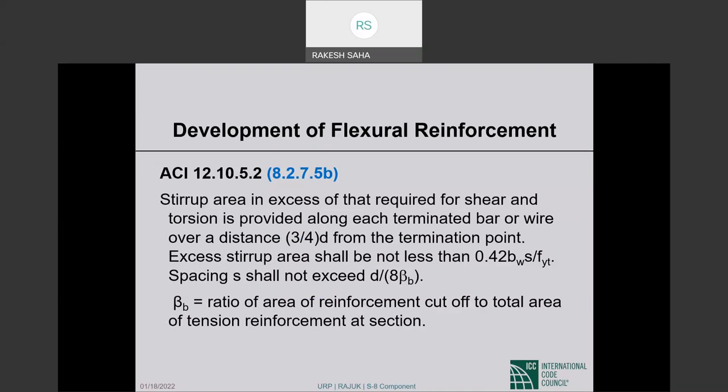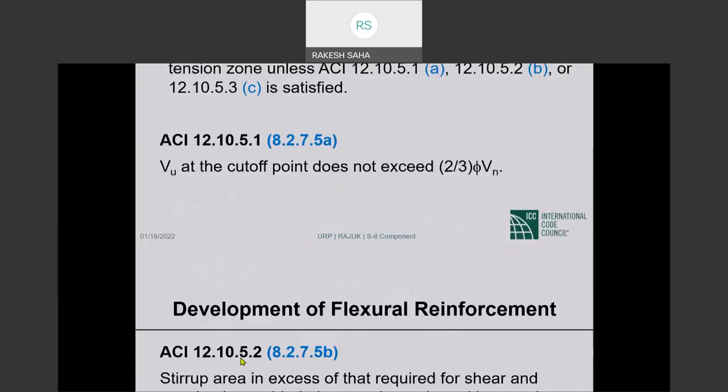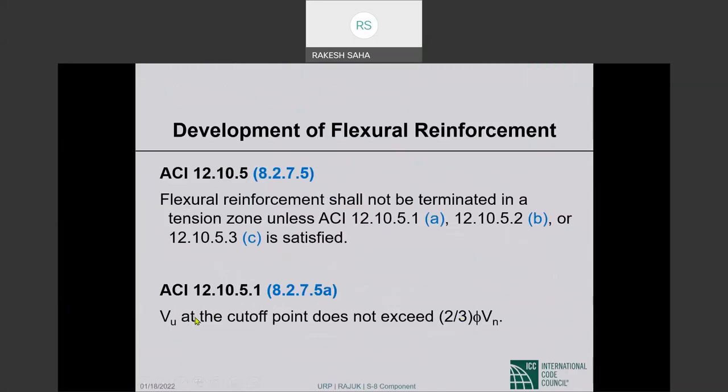Excess stirrup area shall not be any less than whatever, and then spacing shall not exceed d over 8 times beta sub b, and that beta sub b is the ratio of area of reinforcement cutoff, etc. I have not seen people use this condition, to tell you the truth. Most of the time we go with condition one. One out of three conditions, we typically go with this.